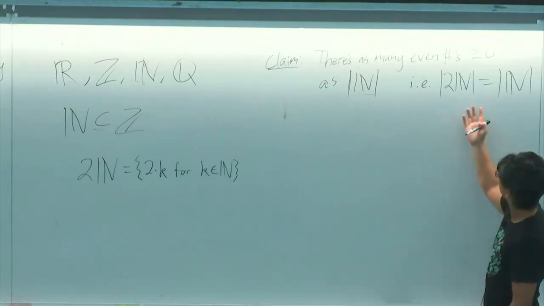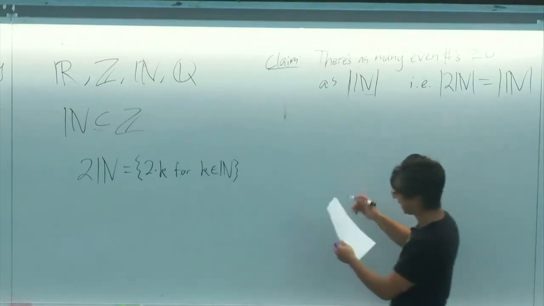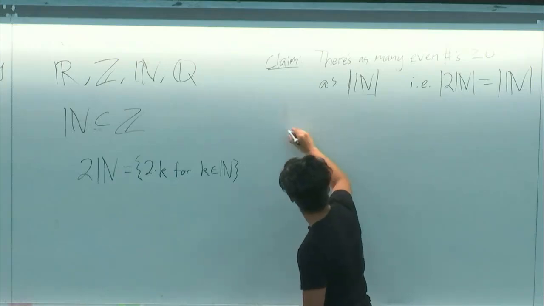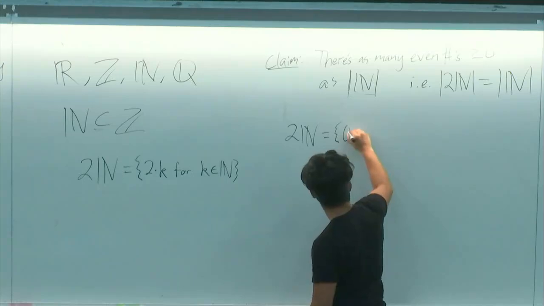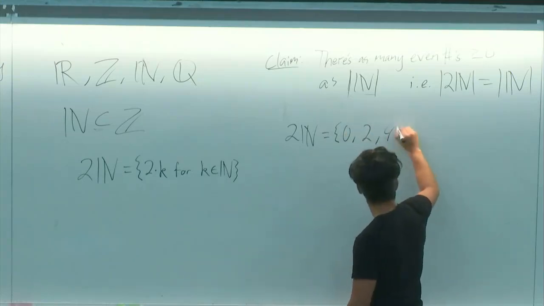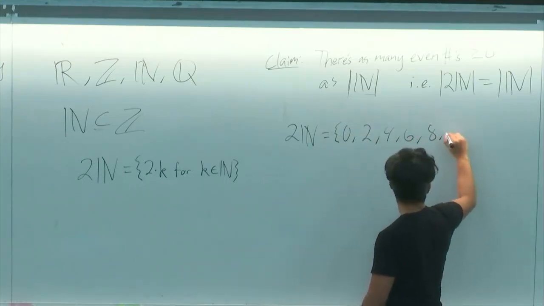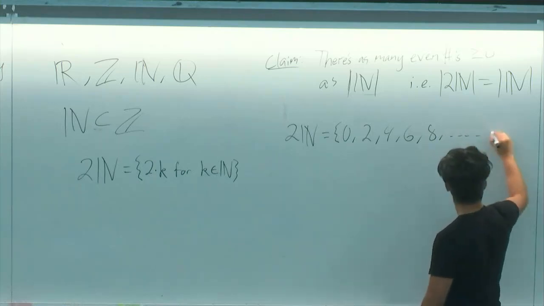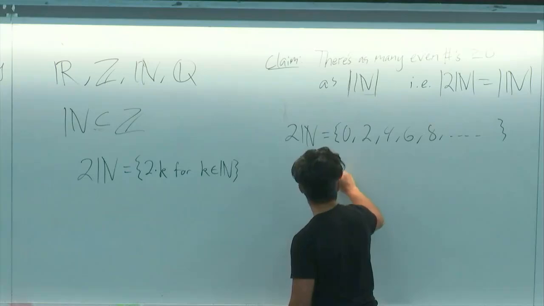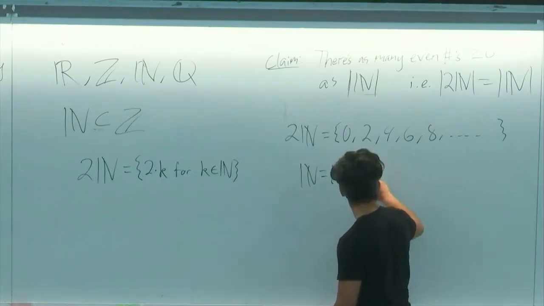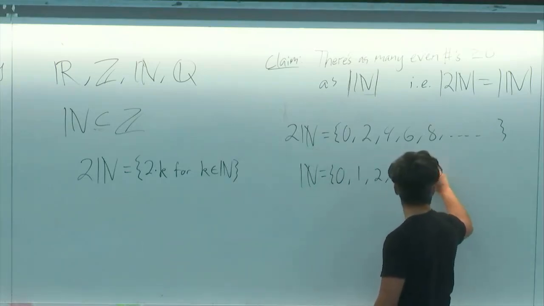So this is kind of a weird statement. I mean, let's see how weird it is, because here's what 2n is. It's going to be 0, 2, 4, 6, 8, and so on. While n, the natural numbers that we all know and love, is just 0, 1, 2, 3, 4, and so on.